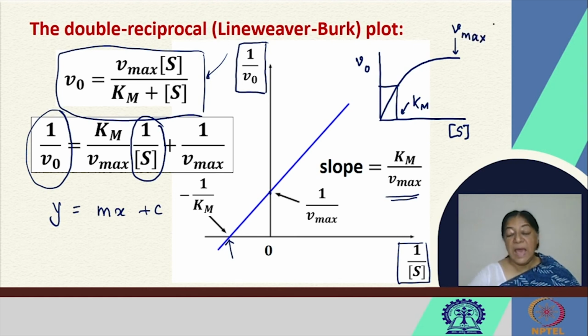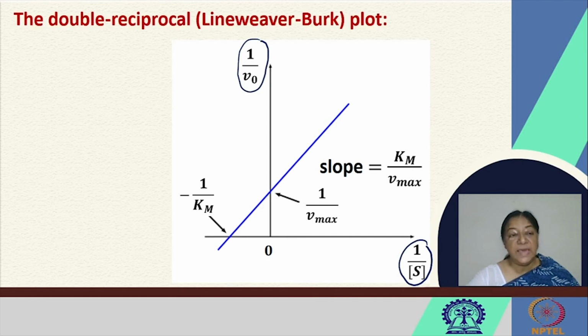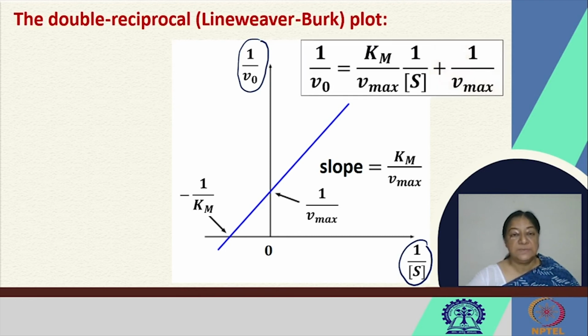However, when we have this double reciprocal plot, that makes the job much easier. So in our double reciprocal plot, we found out that if we plot 1 by V0 versus 1 by S, we can get the slope and the intercepts that will give us the values of Km and Vmax.